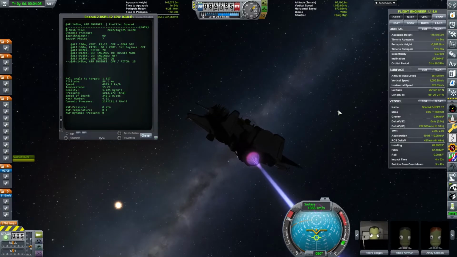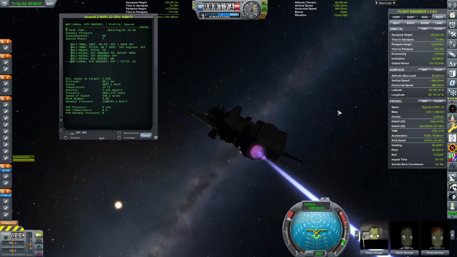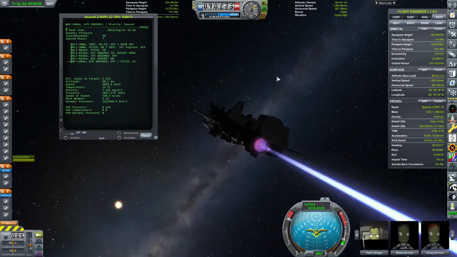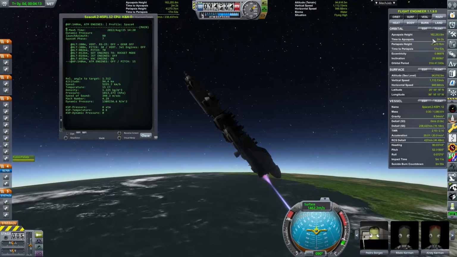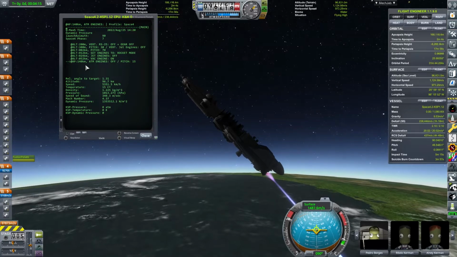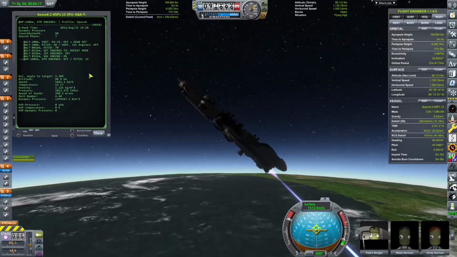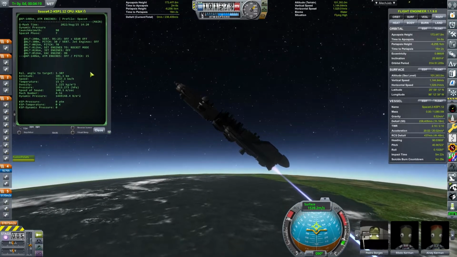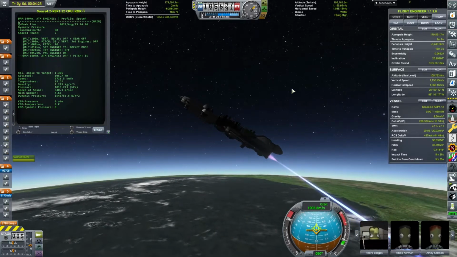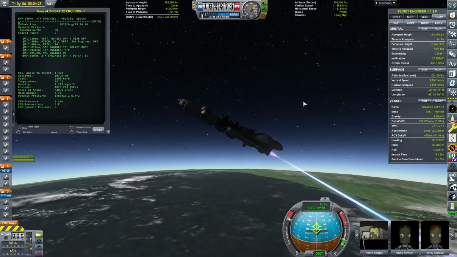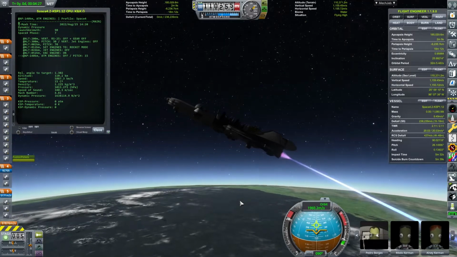So of course we cannot use them more than what is needed. At this point we reached the apoapsis of 140 kilometers, the atmospheric engines were just shutting down, and right now we are okay with this.